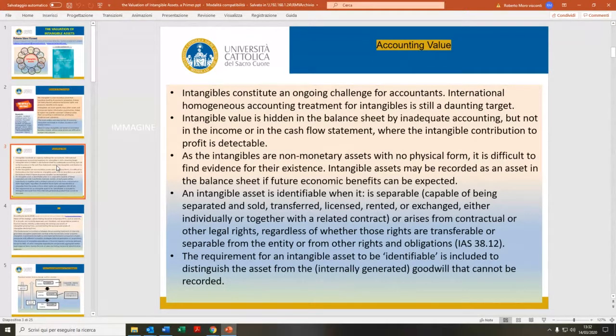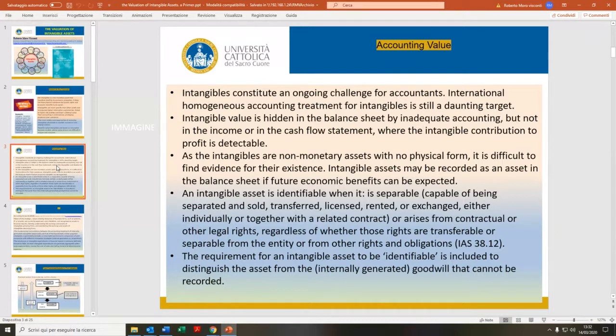Intangible assets may be recorded as an asset in the balance sheet only if future economic benefits can be expected. But even in this case, according to the international accounting standards, the capitalization of intangibles is strictly limited to some residual cases.